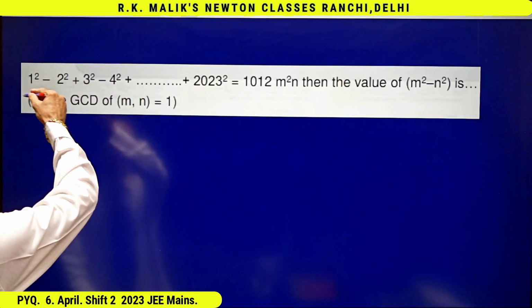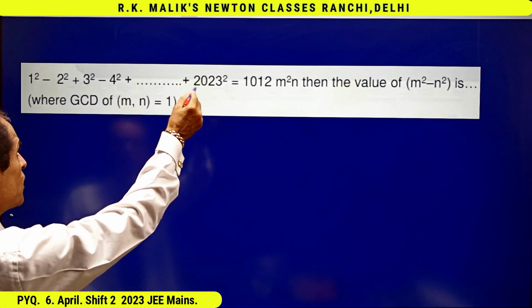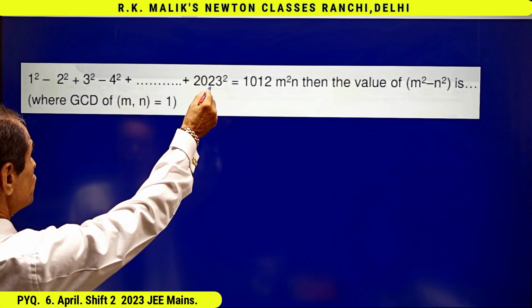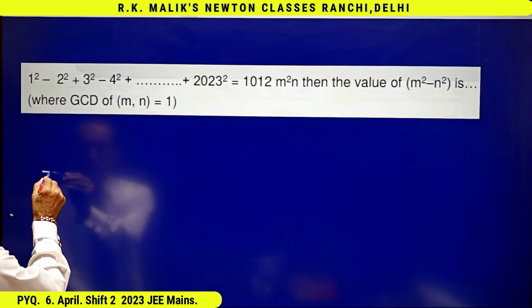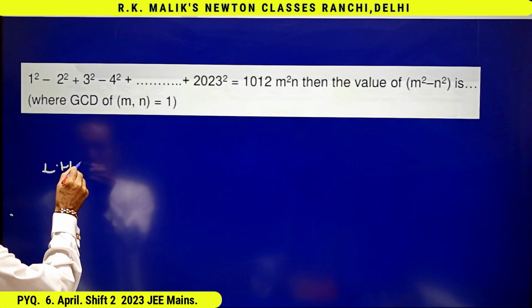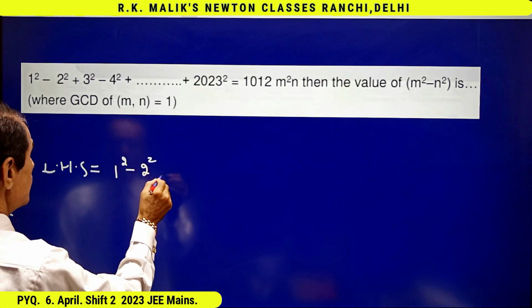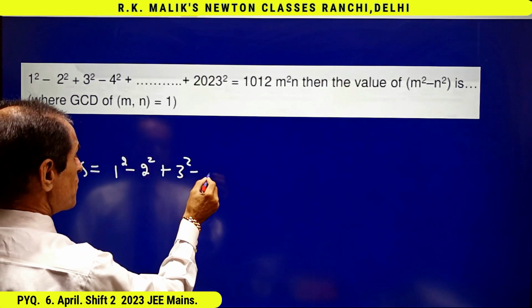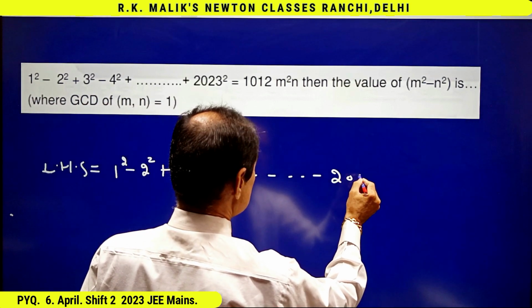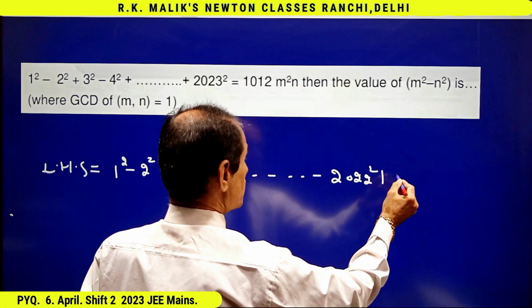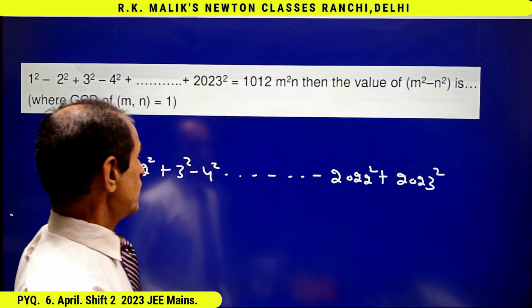In this case, to find the value of left hand side, you can see very easily the number of terms are odd. Therefore, as usual, after writing left hand side as 1 square minus 2 square plus 3 square minus 4 square up to minus 2022 square plus 2023 square.